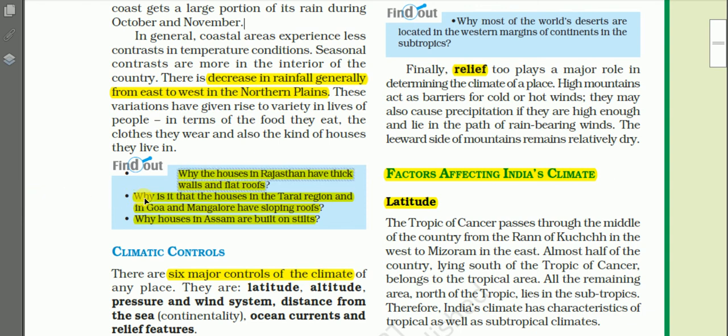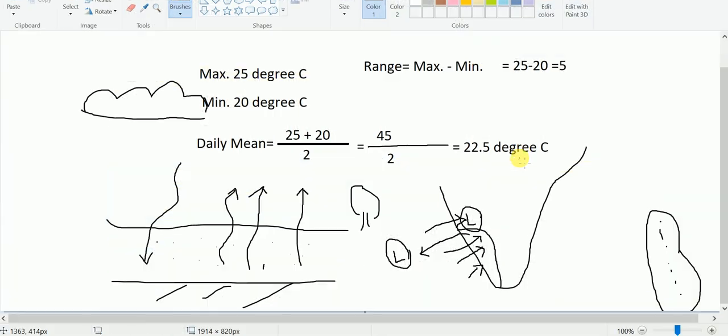Another question: why is it that the houses in the Terai region and in Goa and Mangalore have sloping roofs? Terai, you know, is the foothills of the Himalaya. In these regions, we find sloping roofs.